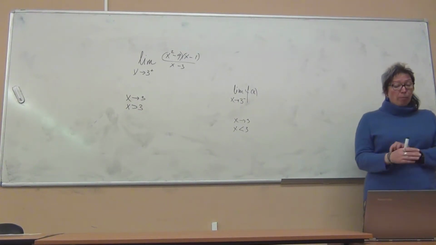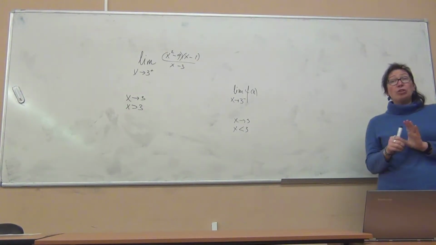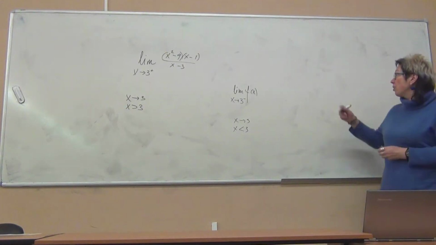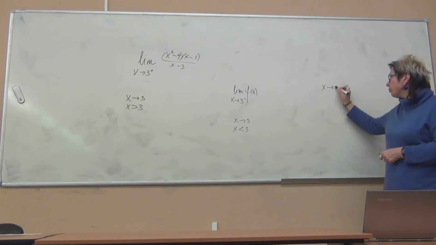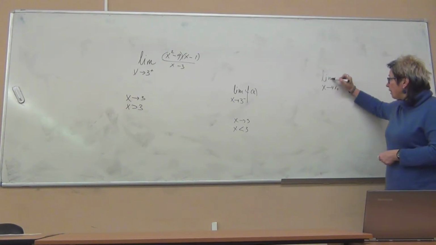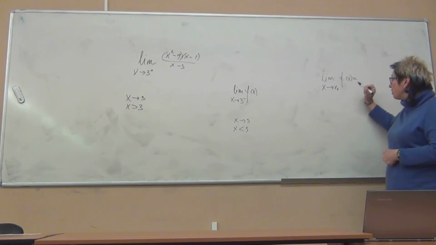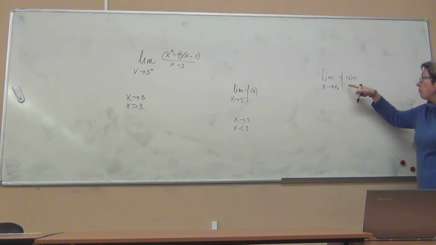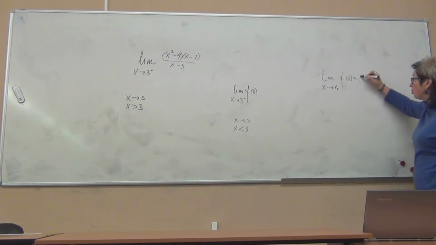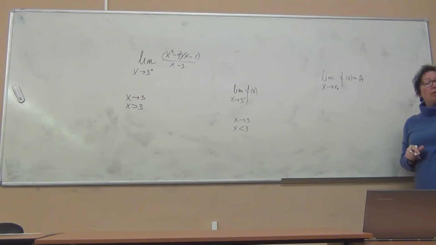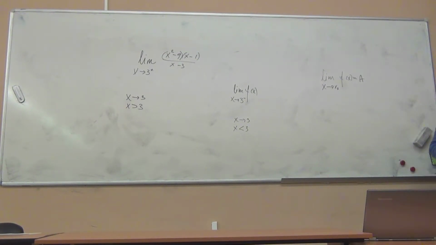So when x approaches a certain value, x0, for example, then the limit of the function is, which means the function value at this time approaches whatever the limit, capital A, is.